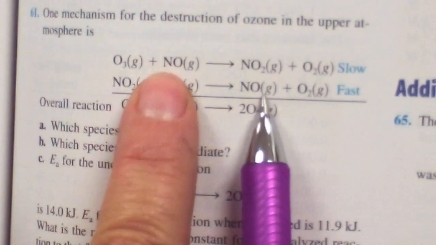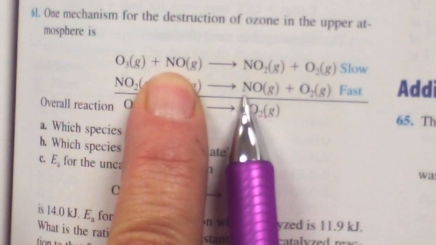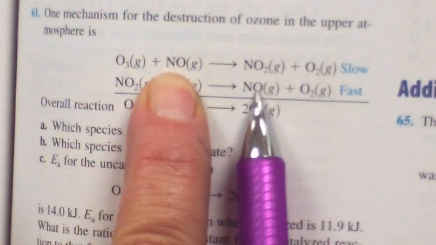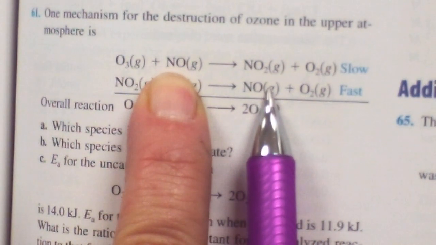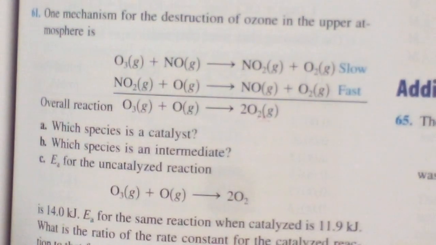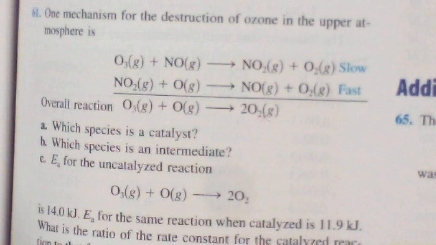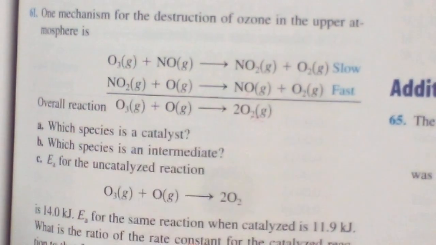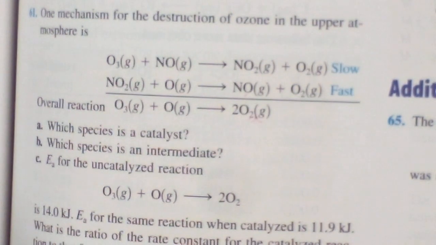It was added in, and it comes out as a product. So it is a catalyst. Okay, it's unused. All right? Which is an intermediate? So here's NO2, and here's NO2. So NO2 is an intermediate.